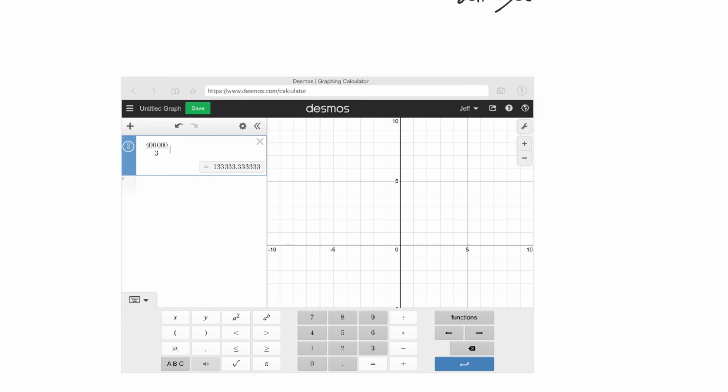I've got that number, and I'm going to times it by 1 divided by 2 pi. Make sure if you're doing this on a graphing calculator that you put that 2 pi in brackets. Here I can see it's in the denominator, so all is good.